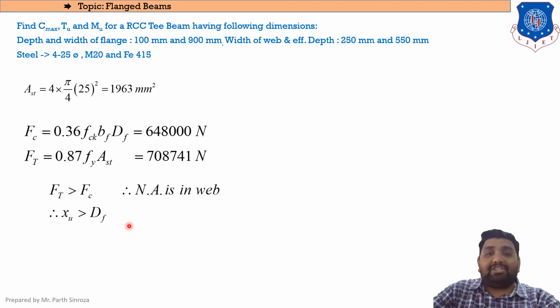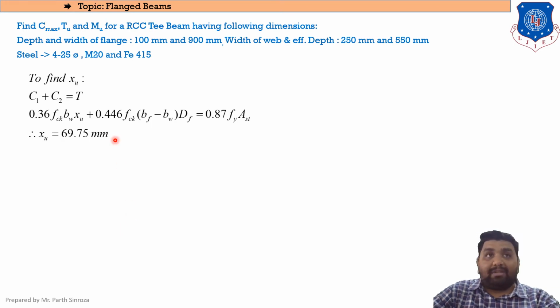So for this condition, that is whenever we are getting neutral axis in web portion, then the value of XU can always be obtained from the equilibrium condition. That means to find the value of XU, we will always be using this equilibrium condition, that is, compression forces are always equal to the tension forces.